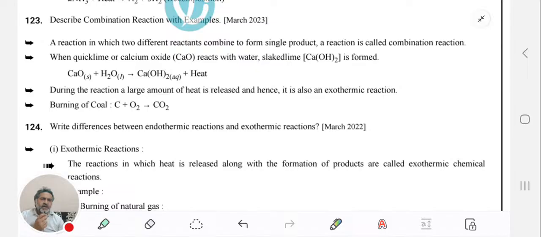When quicklime or calcium oxide CaO reacts with water, slaked lime Ca(OH)2 is formed. CaO plus H2O gives Ca(OH)2 plus heat. During the reaction, a large amount of heat is released and hence it is also an exothermic reaction. Burning of coal: C plus O2 gives CO2.